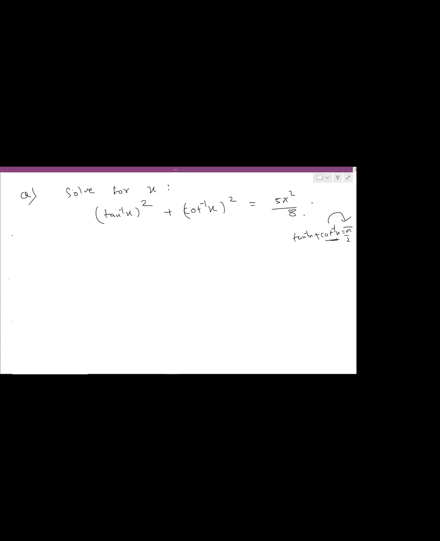I'm not getting it. Not able to solve? Okay, let's see. First of all, remember to use identities wherever possible.